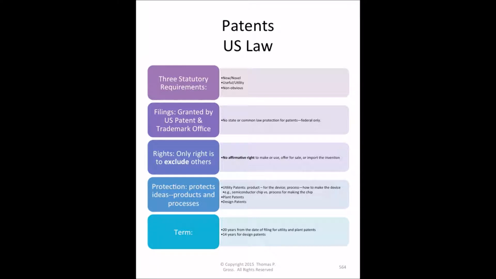And the unusual thing about patents that many people don't understand is that patents do not give you an affirmative right to make, use, or sell your invention, but give you a negative right. What we mean by that is they give you the right to exclude others from making, using, or offering to sell your invention. You do not get an affirmative right.